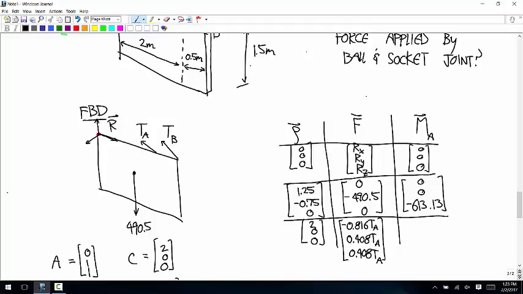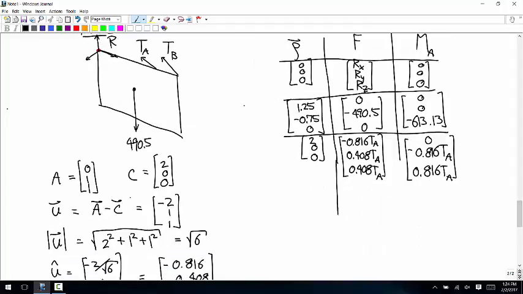And if you take that cross product, you get 0, negative 0.816 TA, positive 0.816 TA. Any questions about that one?